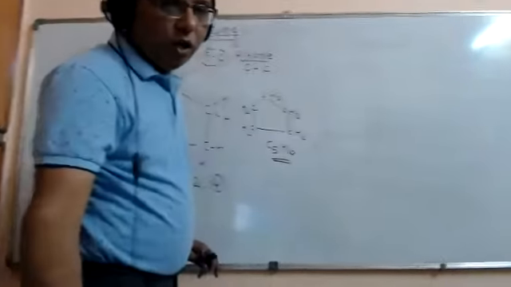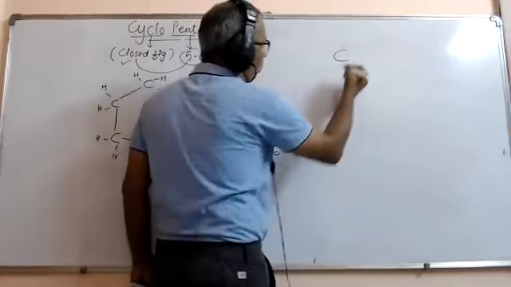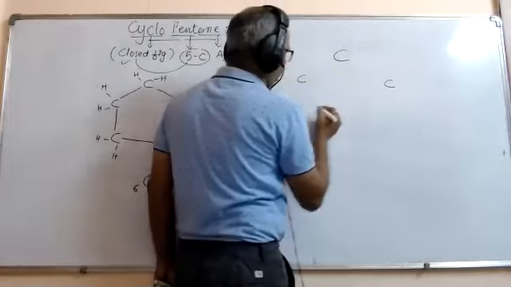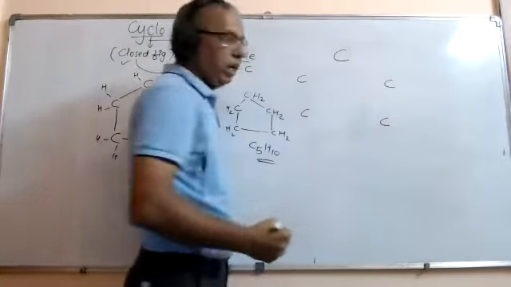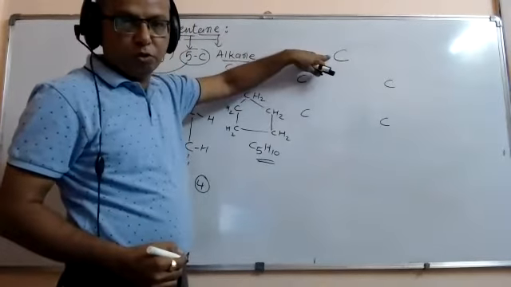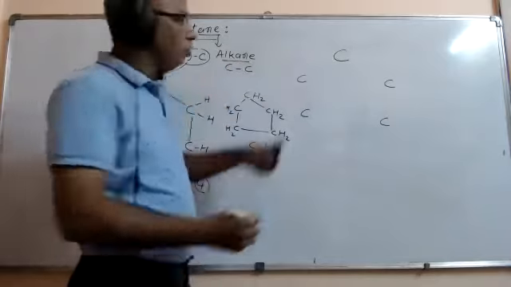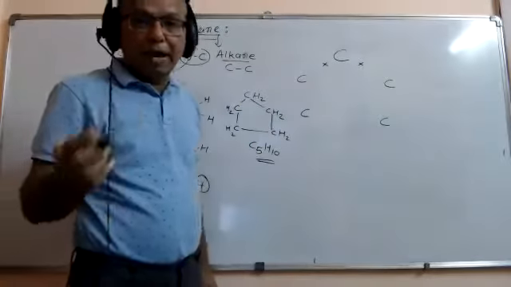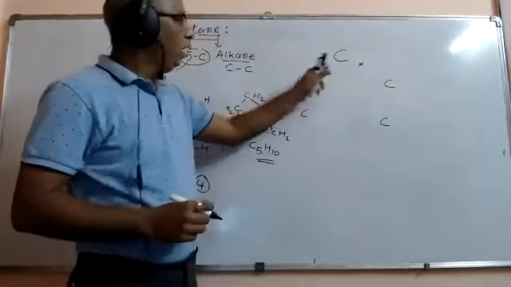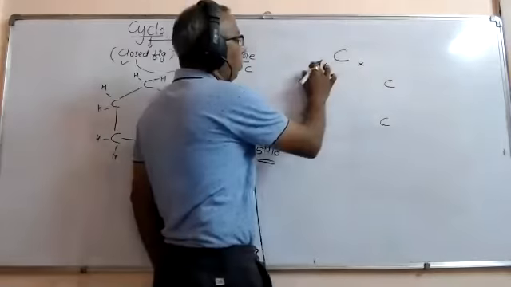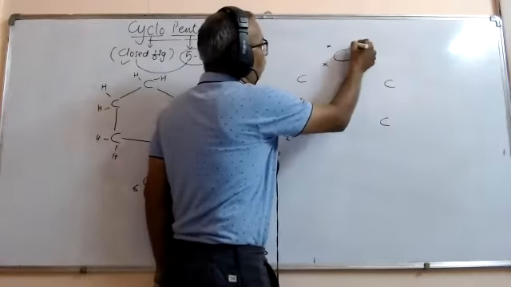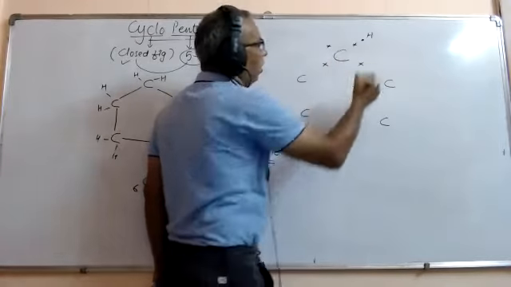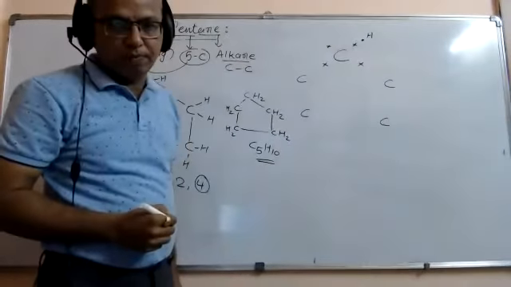So, to draw the electronic structure of carbon, first of all, carbon 1, this is 2, 3, 4, 5. Let's start from number 1, first carbon. So, we should put 1 electron. Electron can be mentioned either by cross or by dot. So here I put 2 electrons of this carbon, third, fourth electron. This electron is making a covalent bond with hydrogen.